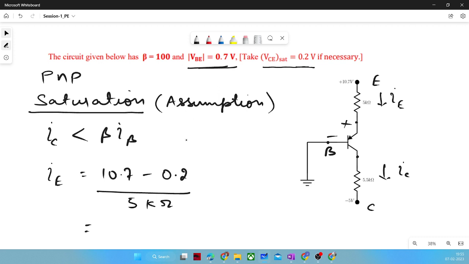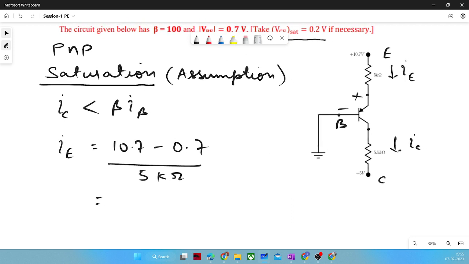VBE is equal to 0.7 volts. That's how we will compute. So IE is 10.7 minus VBE divided by RE, not RC, since this is an emitter terminal. So it will lead to 2 milliampere.